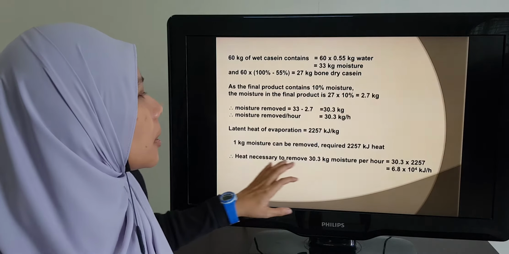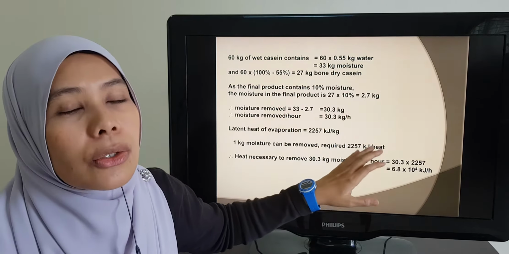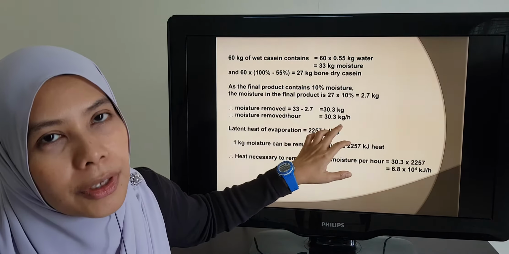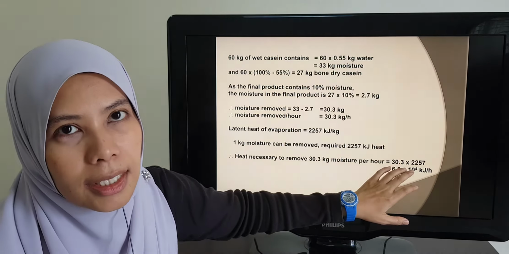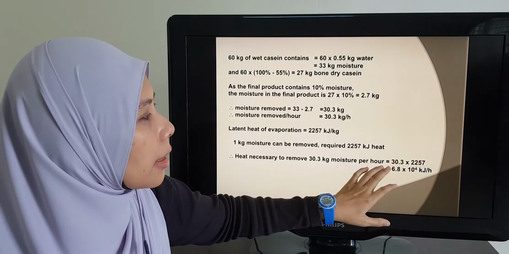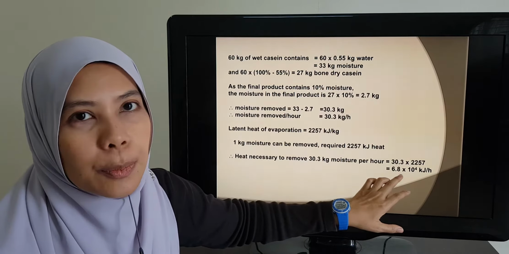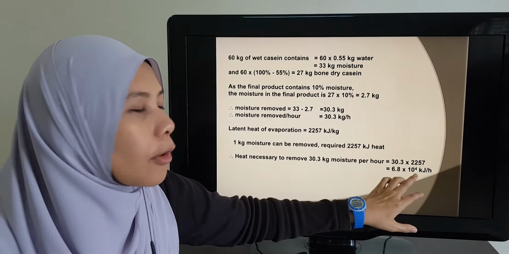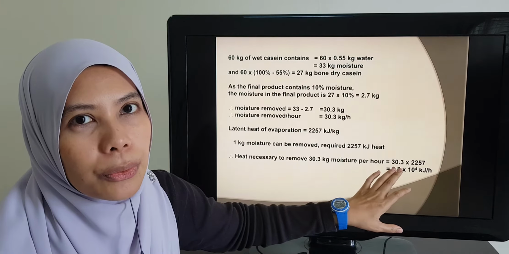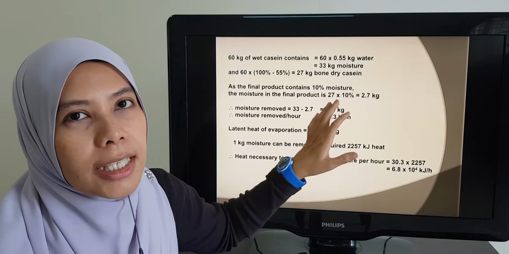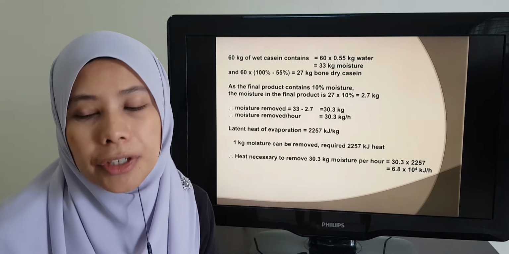So the amount of heat required is 30.3 times H. This is M times the enthalpy term, and you will get 6.8 times 10 to the power of 4 kilojoule per hour. That is the amount of heat required to remove 30.3 kilograms of moisture from the wet casein, to achieve dry casein.